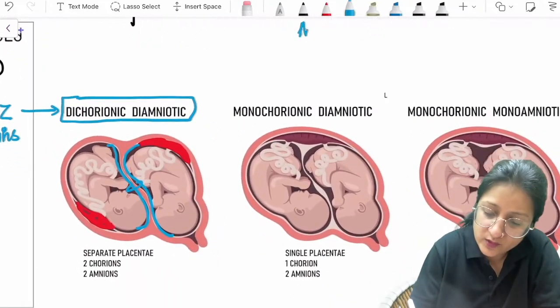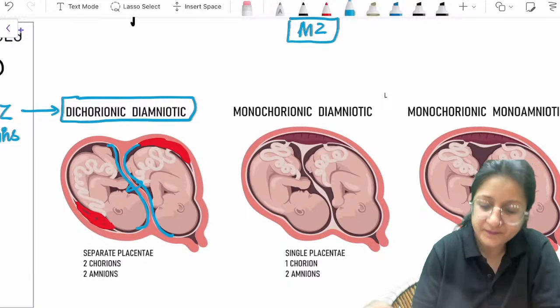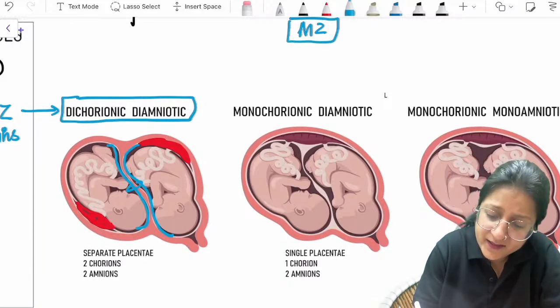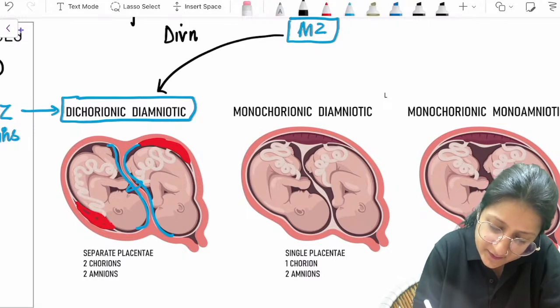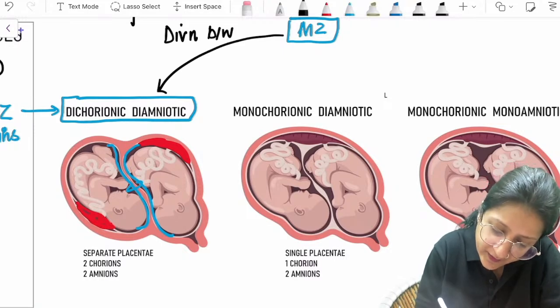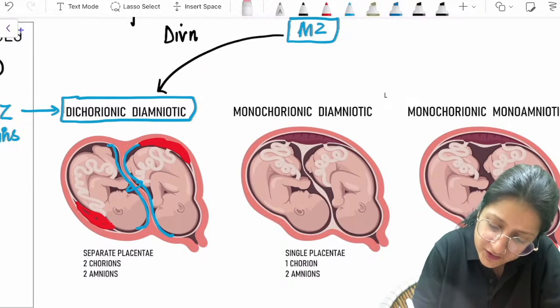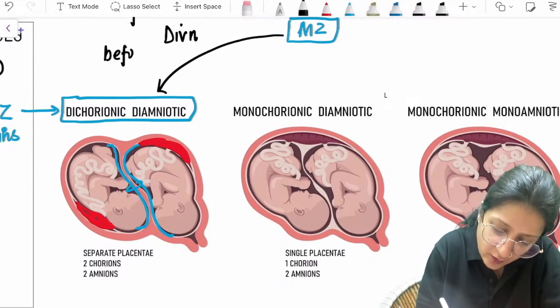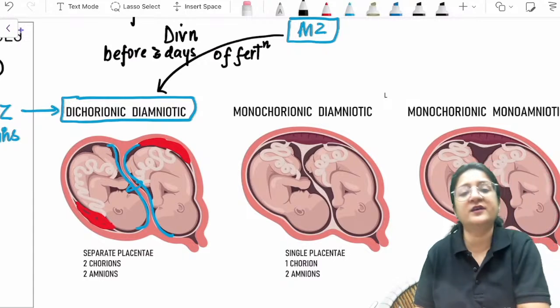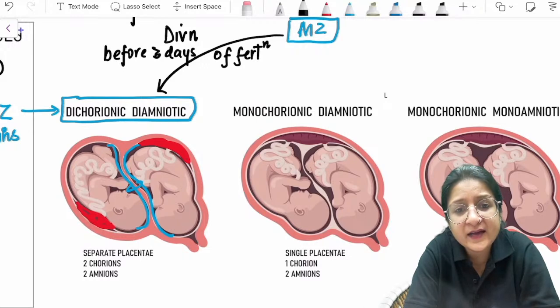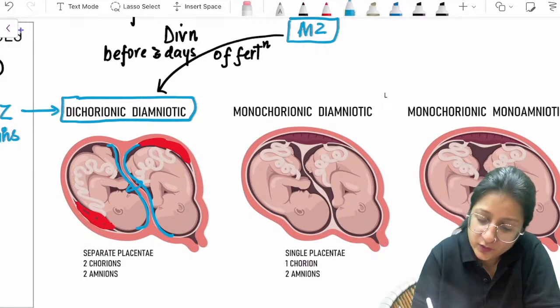When you have monozygotic twins, if the division takes place before 3 days of fertilization, it gives rise to dichorionic diamniotic type of twins.